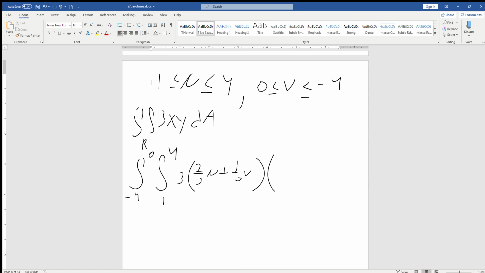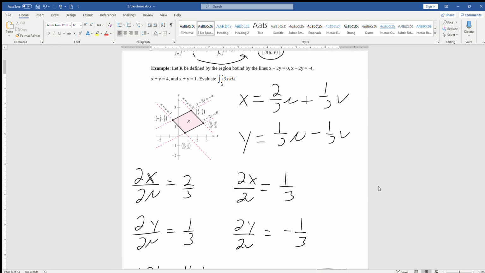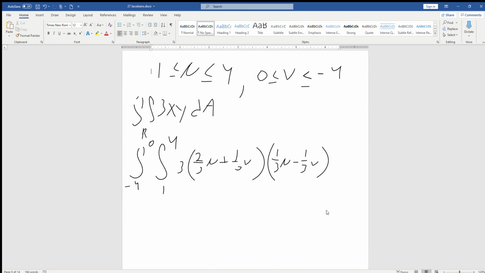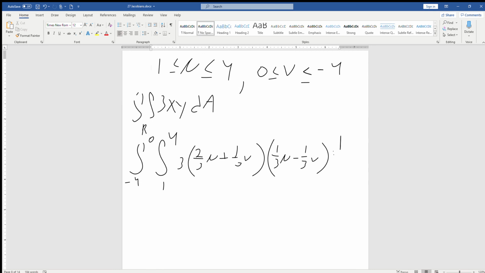Remember we said that y was 1/3 u minus 1/3 v. That's from right here. We have our Jacobian of 1/3. So that's the Jacobian. And then finally, since the order was u and v, that's going to be du dv.